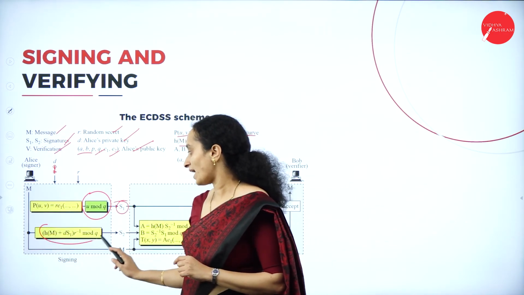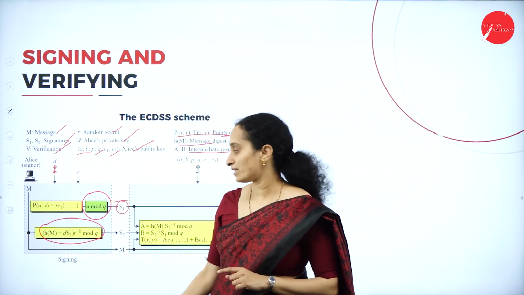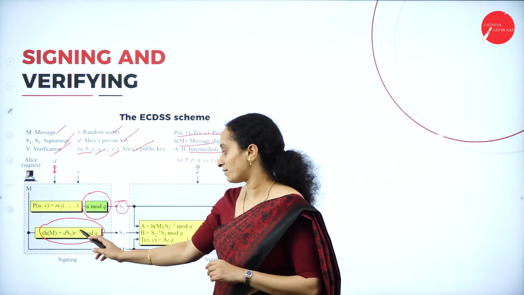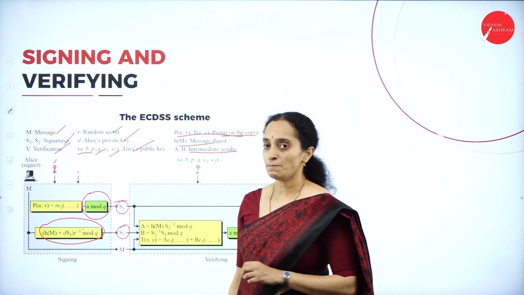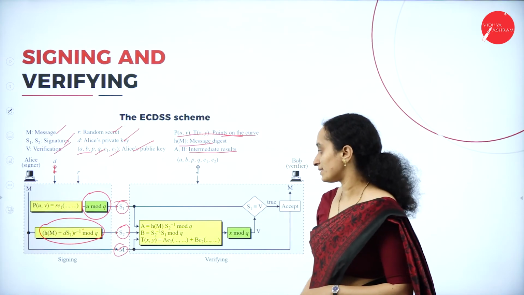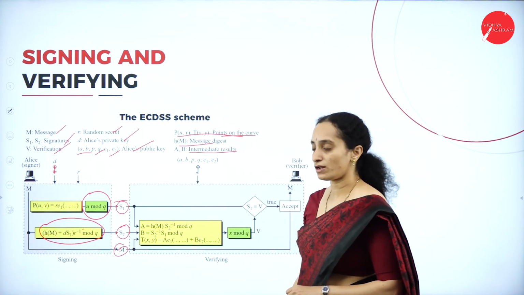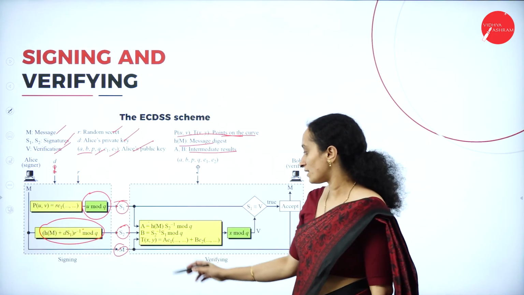Then we use the hash function over the message along with the private key into signature 1, into the reverse of the random number mod Q, to get the signature value S2, and the message is sent. Here at the receiving end, the verifying algorithm uses A, B, T, that is the intermediate results.